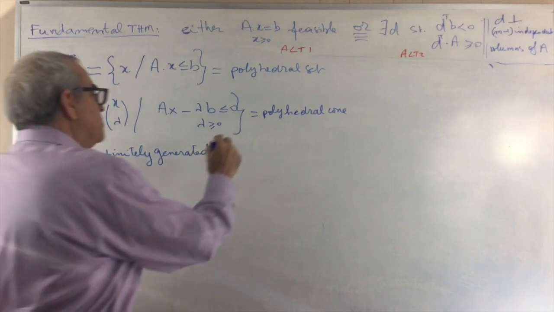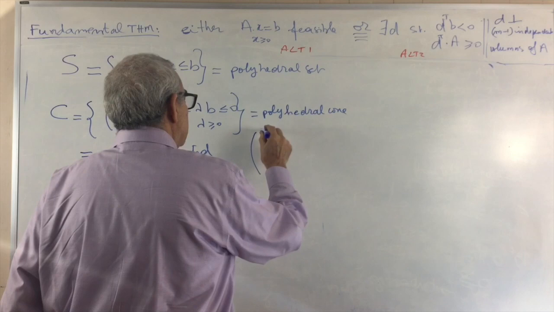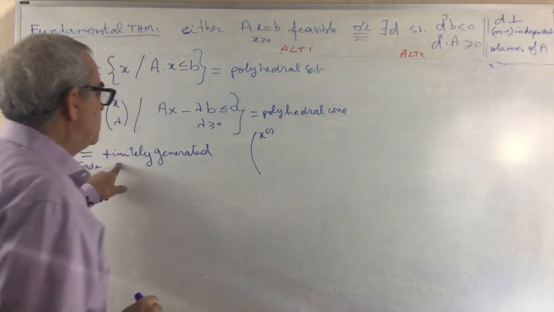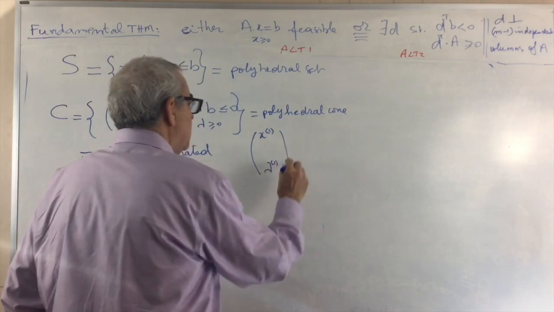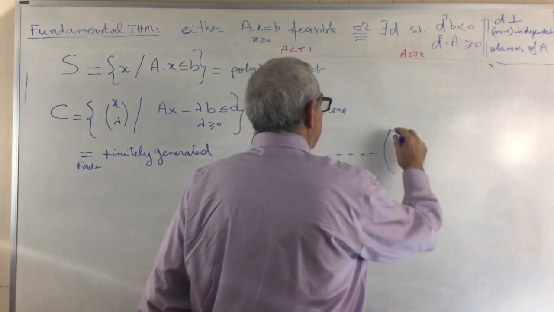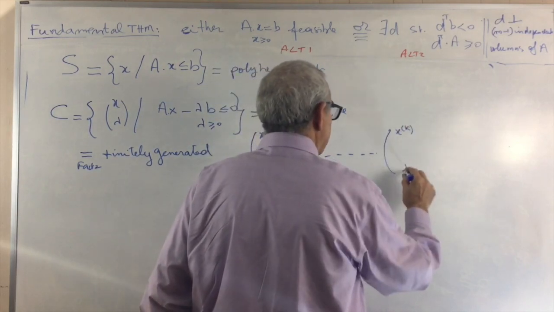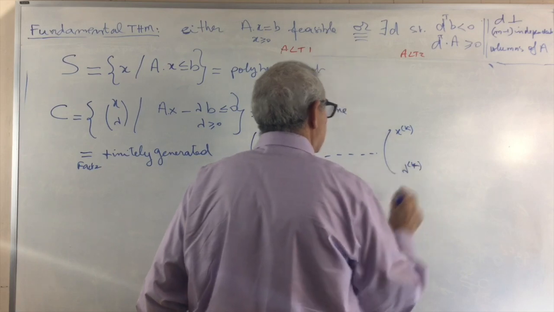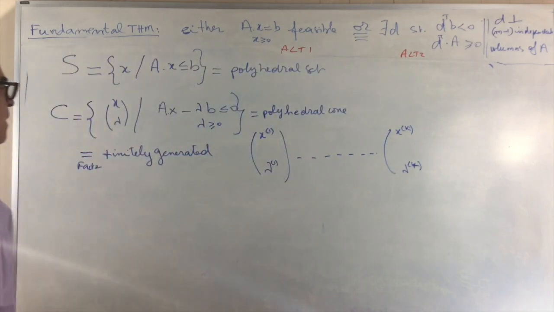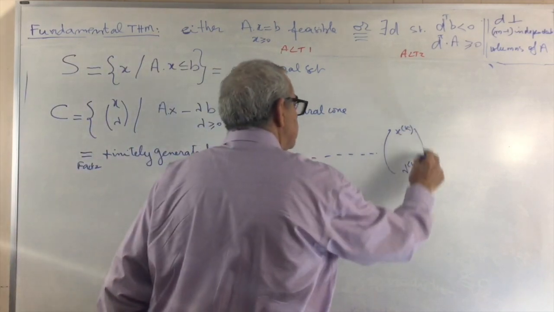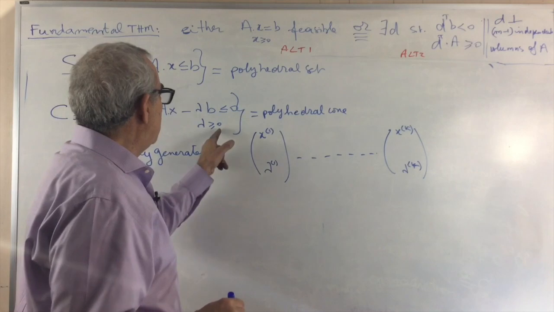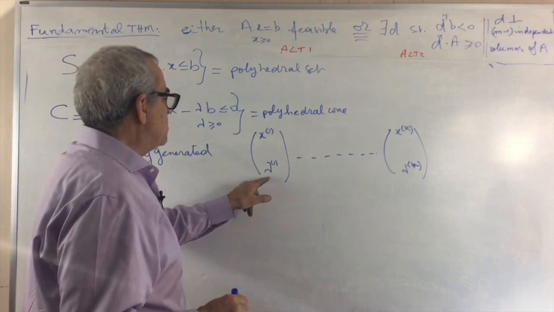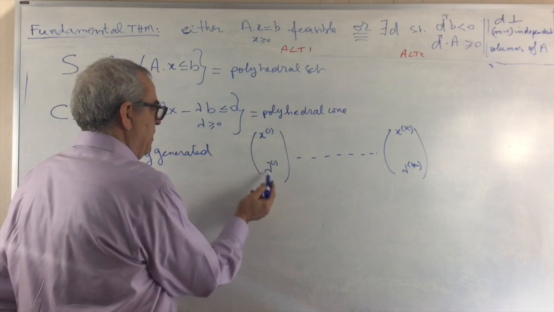Okay, so I'm going to call those vectors that generate this cone x1 lambda 1, etc., till xk lambda k. Okay, from fact 4. So now these lambdas, of course, are greater or equal to 0. So some of them may be 0, but some of them are strictly positive. Let's say this lambda 1 is strictly positive.